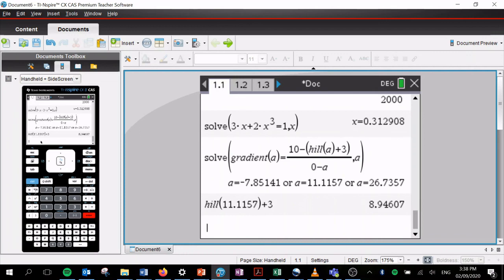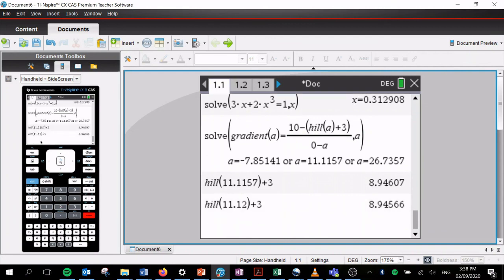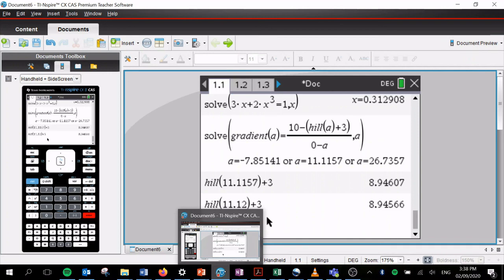Notice when I did this, I used hill of 11.1157 to do this. It might not always matter, but if I do hill of 11.12, the rounded version, then I get a slightly different response. If I round too early, then I can get an incorrect answer.